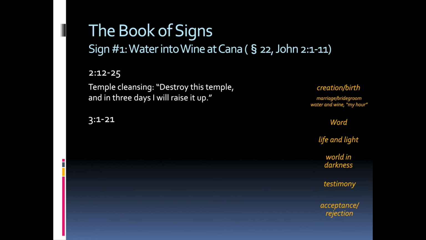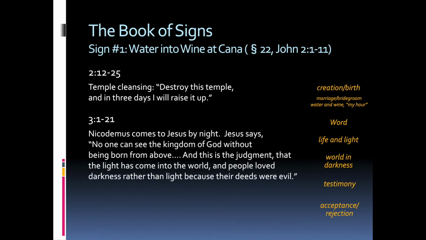Then in chapter 3, we have Nicodemus coming to Jesus by night. And in their conversation, Jesus says, "No one can see the kingdom of God without being born from above." So there's our birth motif, a different kind of birth, not birth from blood and by the will of man, but from God. That was a theme in our prologue. And Jesus goes further, "This is the judgment, that the light has come into the world, and people love darkness rather than the light because their deeds were evil."